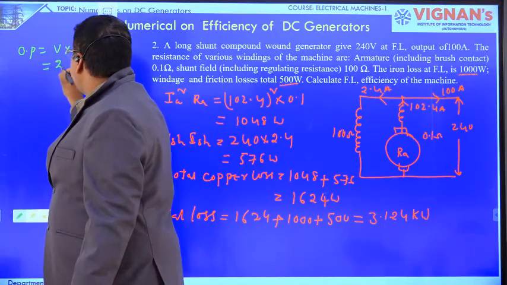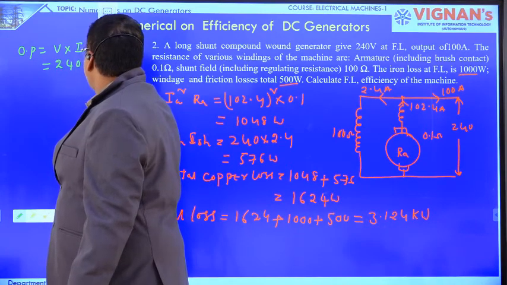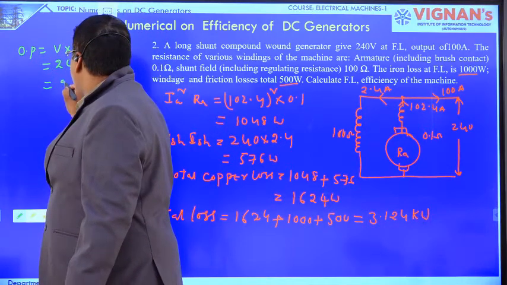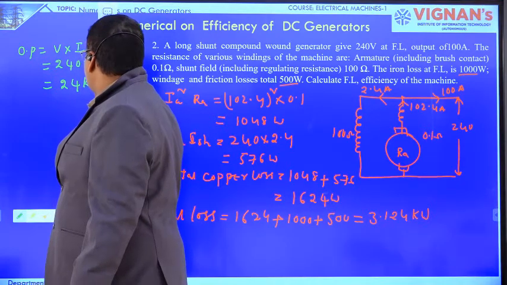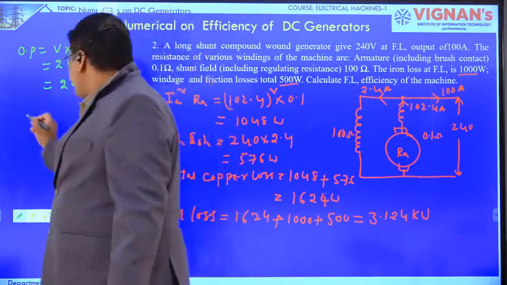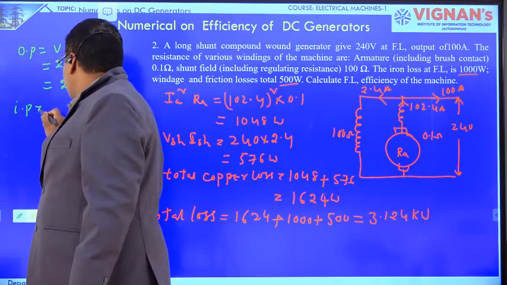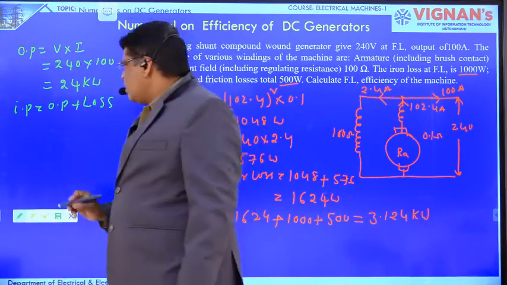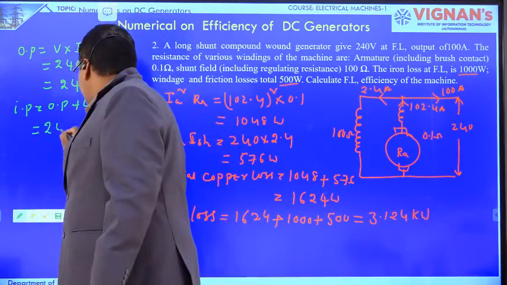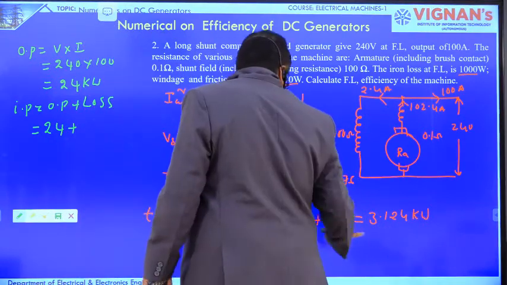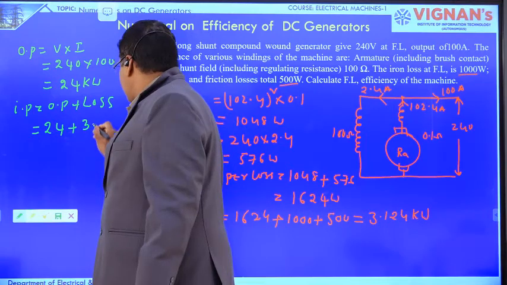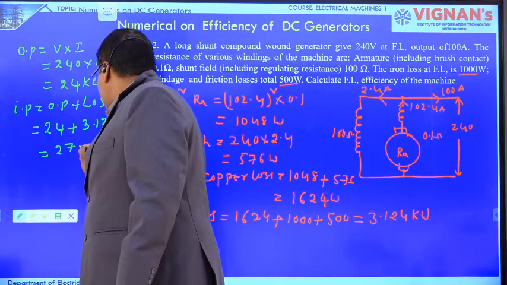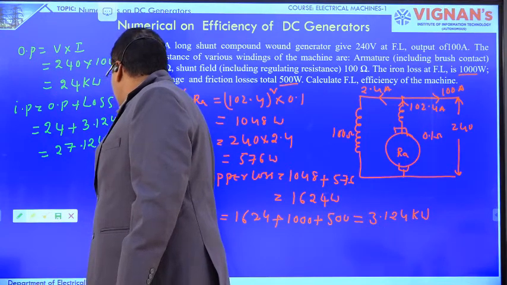This is equal to 240 into 100, which as a kilowatt is 24 kilowatt. So the input power equals output plus losses, which is 27.124 kilowatt.